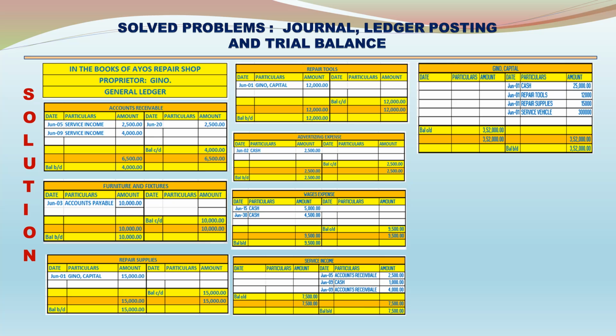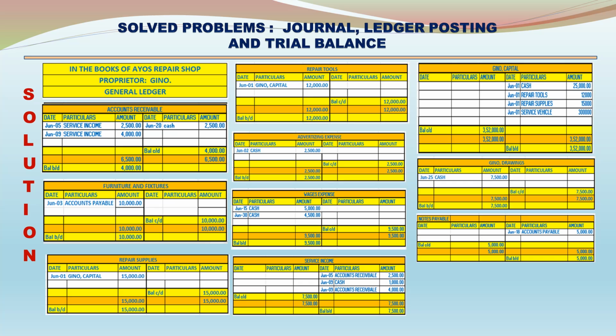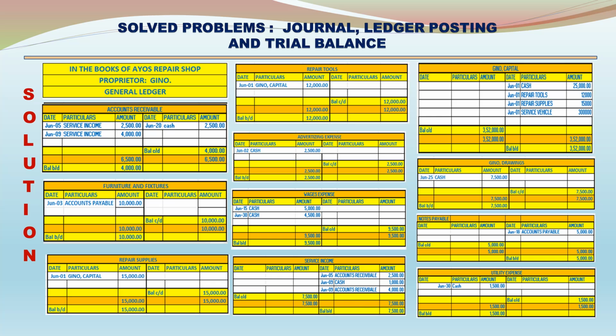Balance brought down 352,000 credit. Gino's Drawings, on the debit side: June 25 Cash 7,500. Balance brought down 7,500 debit. Notes Payable, on the credit side: June 18 Accounts Payable 5,000. Balance brought down 5,000 credit. Utility Expense, on the debit side: June 30 Cash 1,500. Balance brought down 1,500 debit.